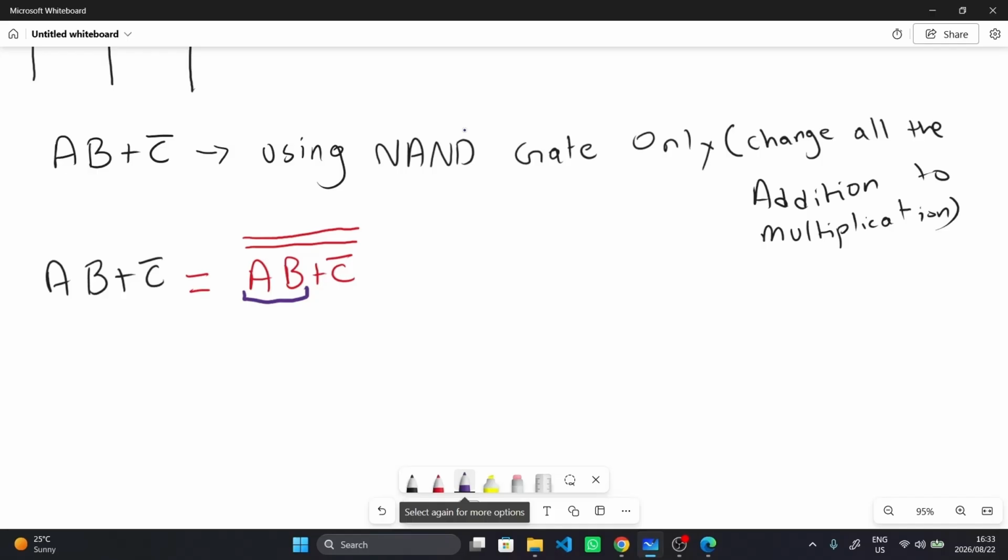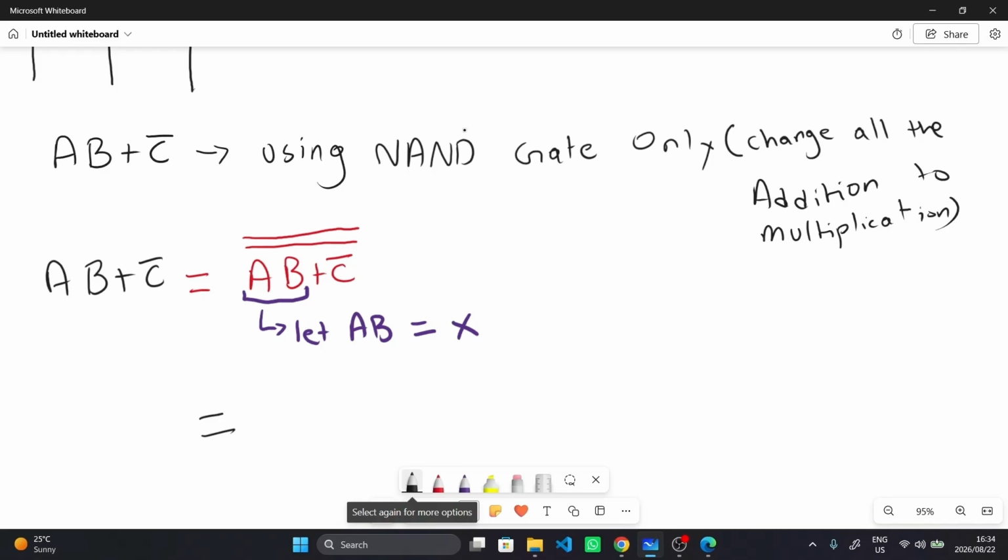So we can say, let A, B equal to X. If you remember in maths the way we do it, and then we leave C as it is, correct? So this is already multiplication, so we don't have to change anything there. So we can take that out just to make our problem solving easy.